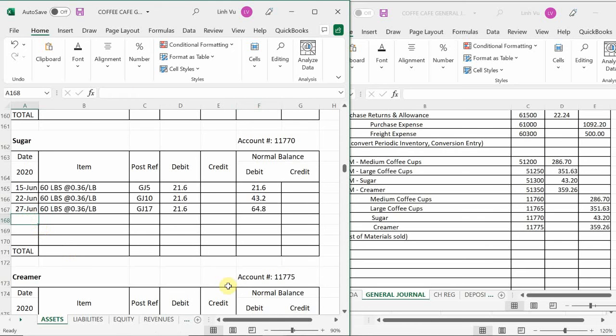Sugar, we used 120 pounds, so we should have 60 pounds remaining.